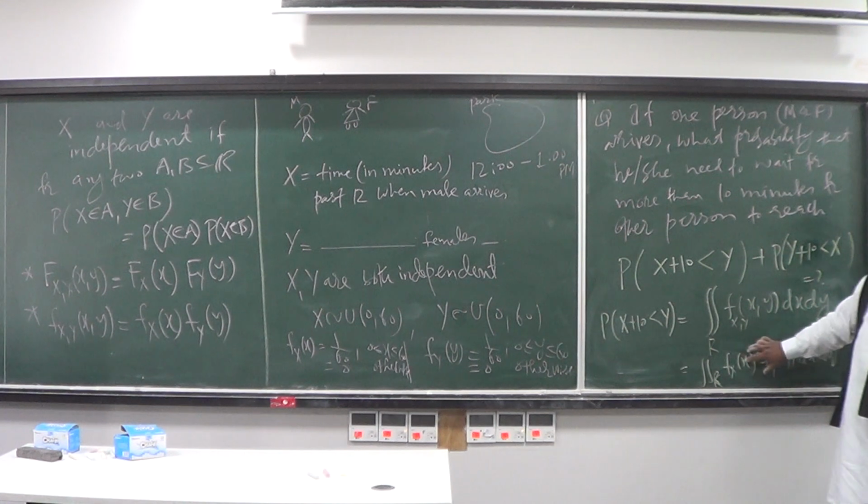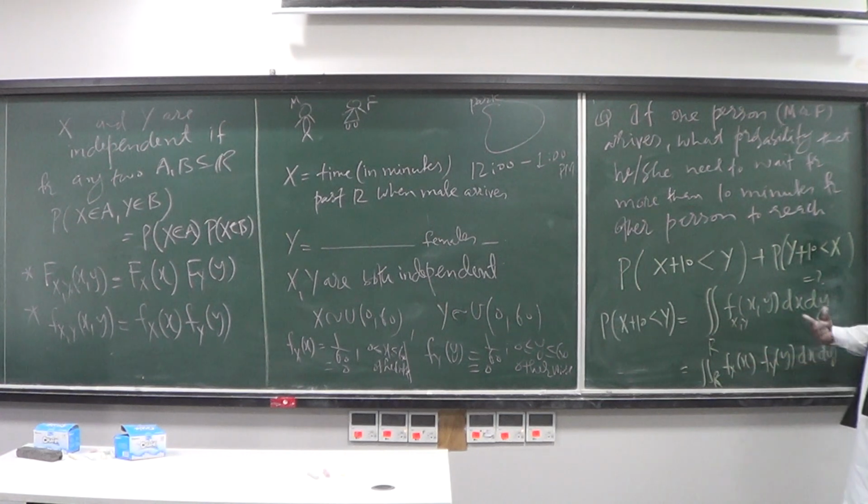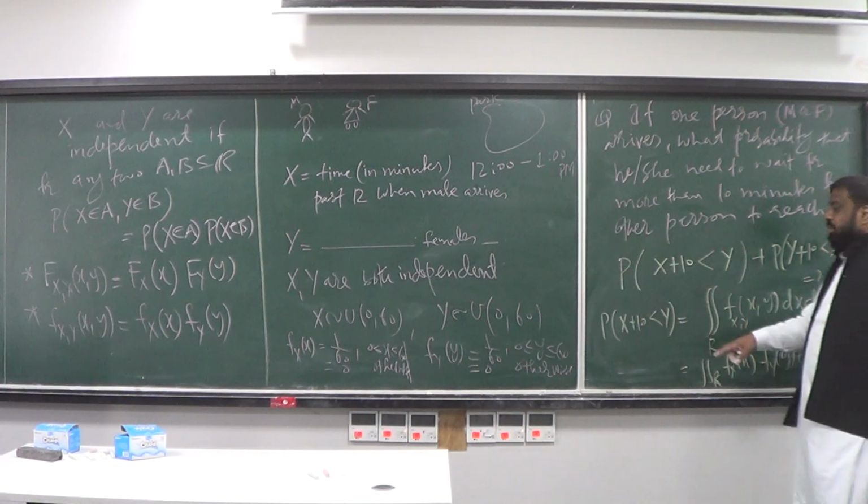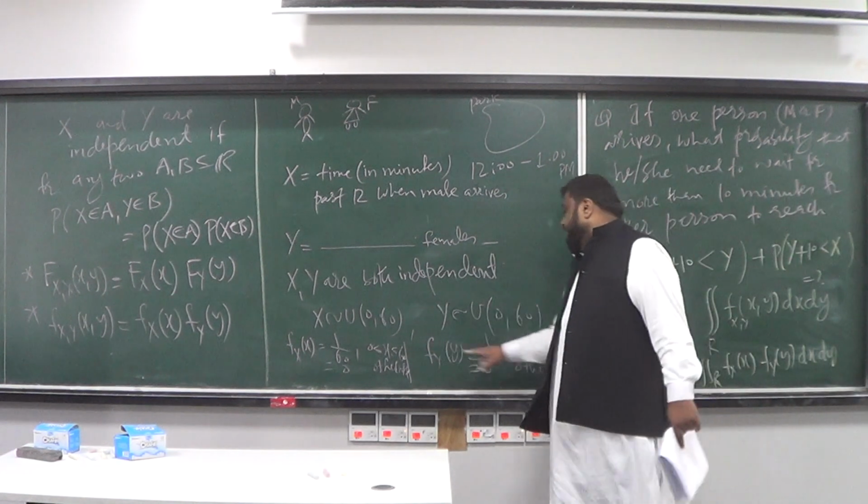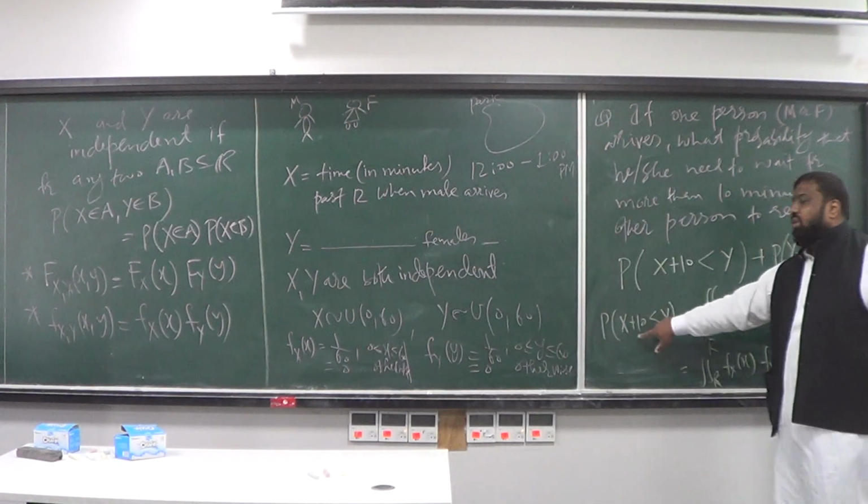The integrand would only exist if both fx and fy are non-zero, and X and Y not only should be in these two intervals, but they should also satisfy this constraint.